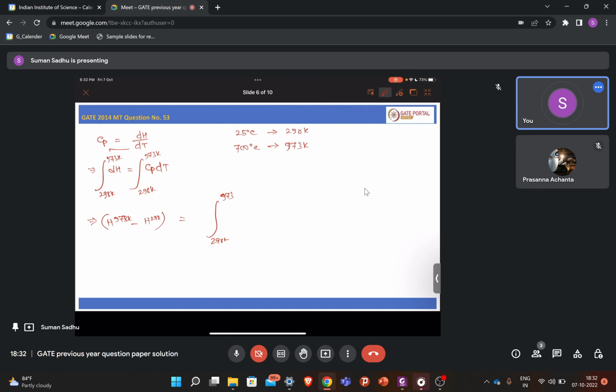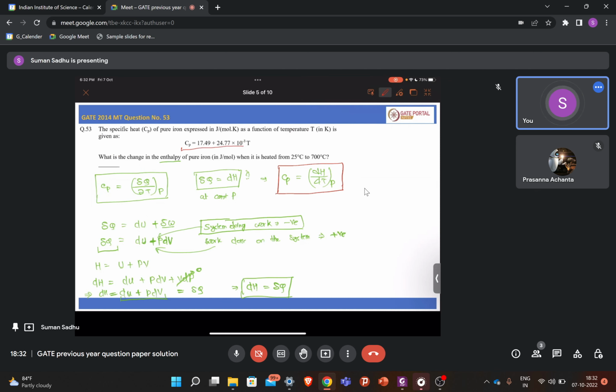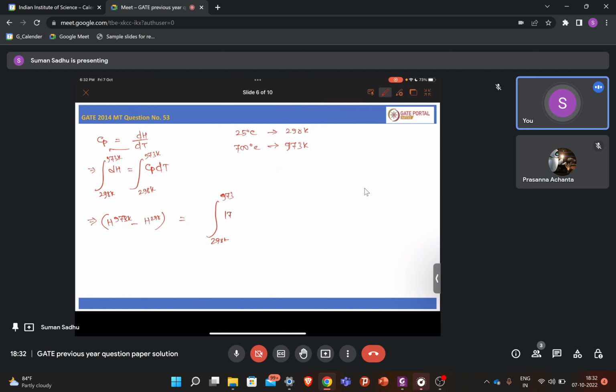Cp, where the expression is given here: 17.49 plus 24.77 into 10 to the power minus 3 T, into dT.